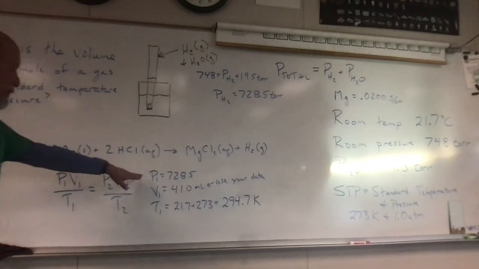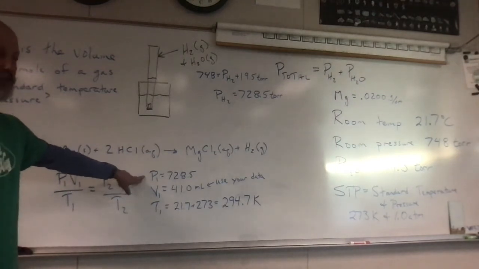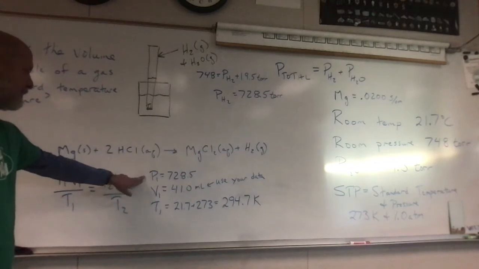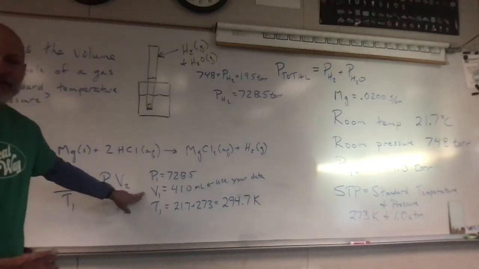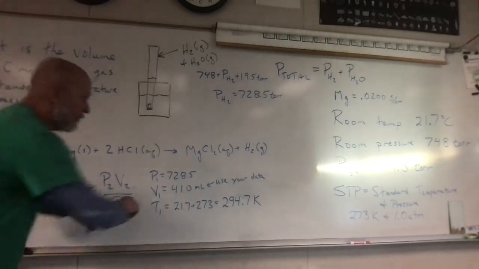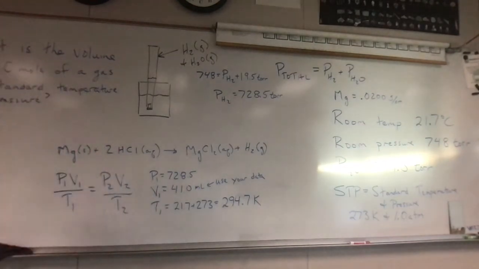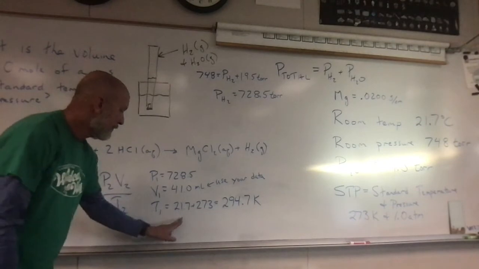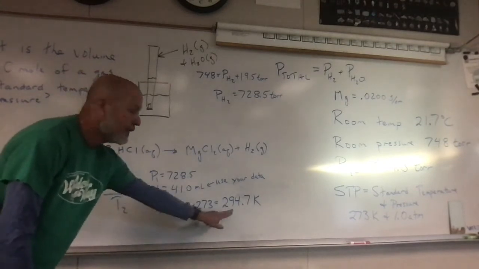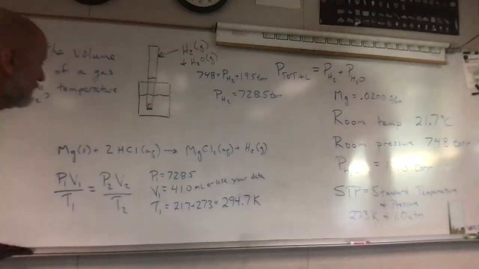So my P1 is going to be the partial pressure of the hydrogen gas, not the total pressure. V1, I just made up a number, right? I saw some of yours, and so 41. Use your data for that one, for V1. T1 will all have the same number. The room temperature is 21.7. Add 273, we've got to be in Kelvin for gas laws.